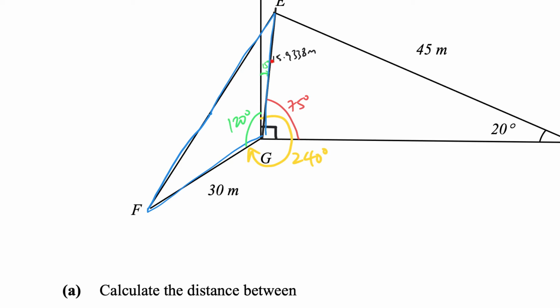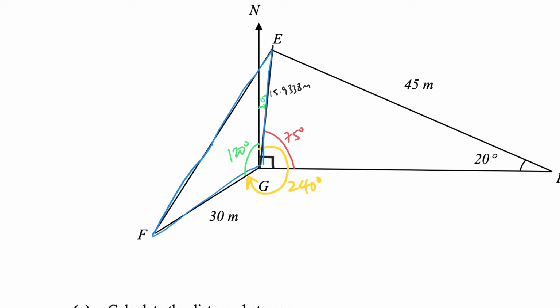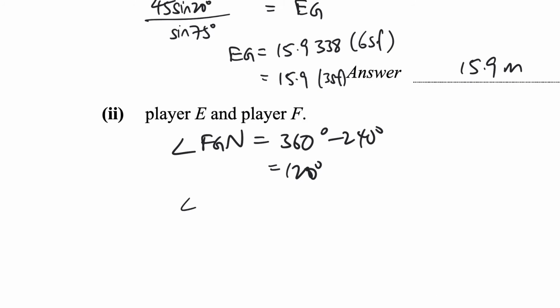We're looking at this triangle. So we need to find this angle FGE. And so we need to take 120 plus 15. So FGE is 120 plus 15, which is 135.